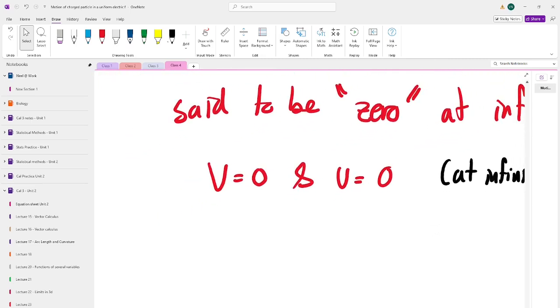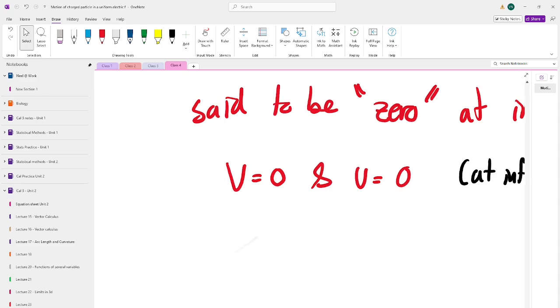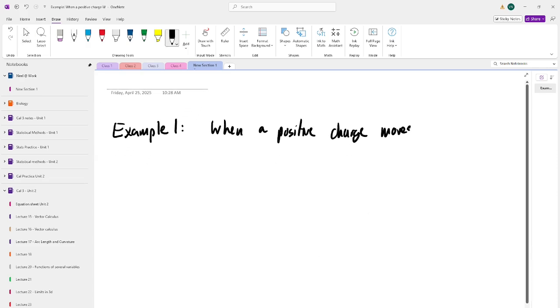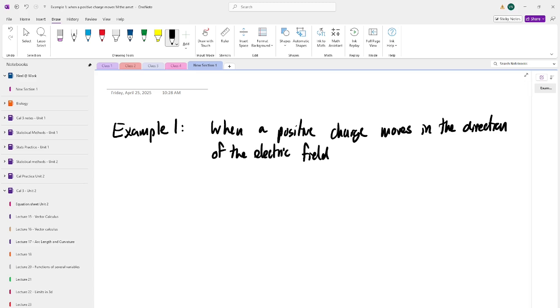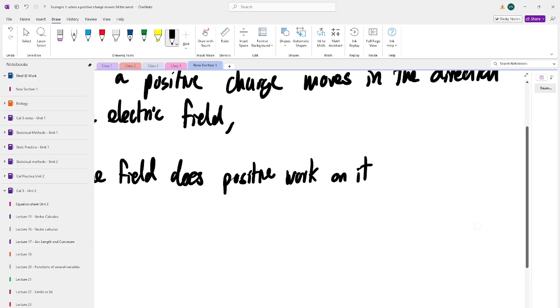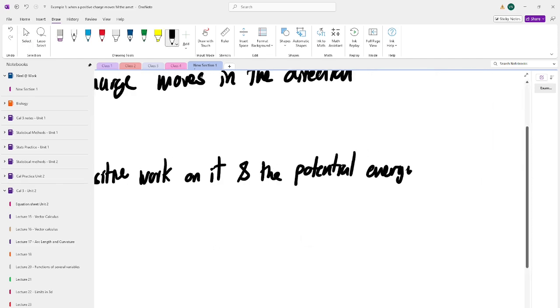So, I guess we could start on a few examples. So, first of all, example 1. When a positive charge moves in the direction of the electric field: option A, the field does positive work on it and the potential energy increases.